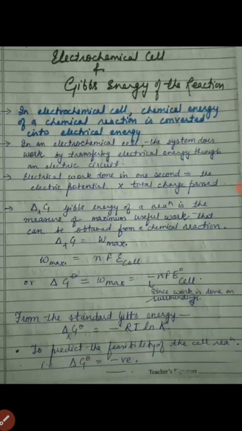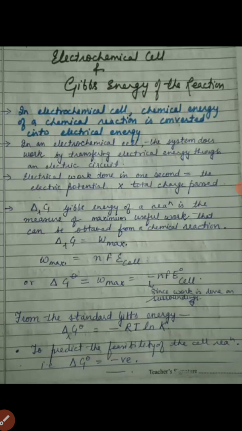So delta G naught will be equal to the maximum work done, and that is equal to minus nFE naught cell. And the negative sign here indicates that work is done on the surroundings. This is a sign convention.